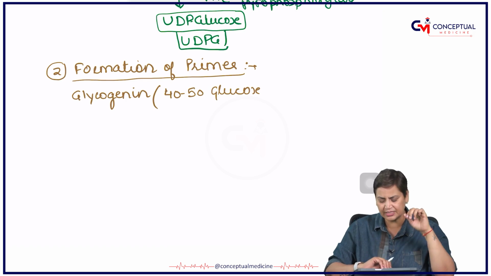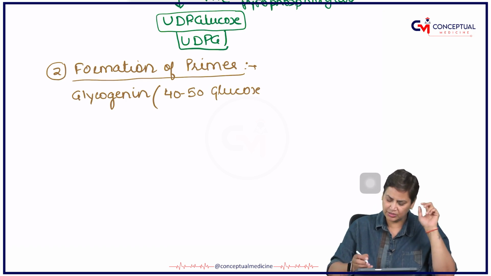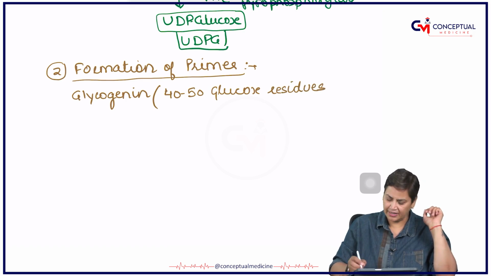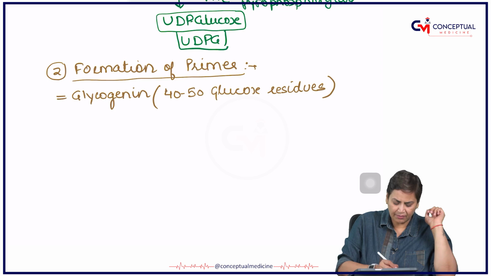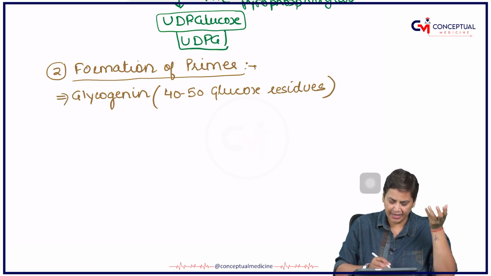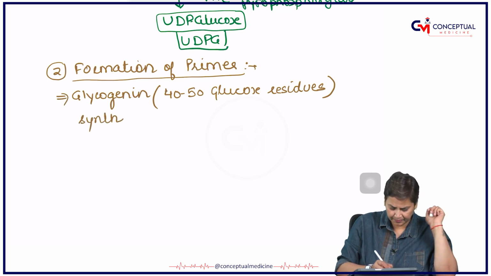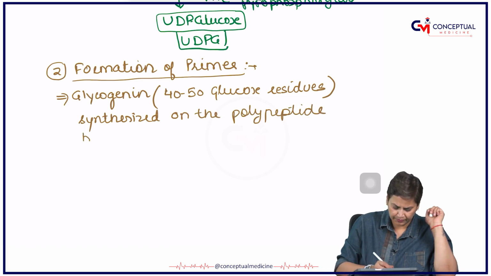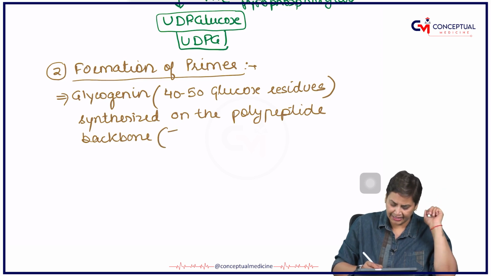So I am just giving you an example of 40 to 50 glucose residues, synthesized on the polypeptide backbone. And here the activated residues are tyrosine residues.